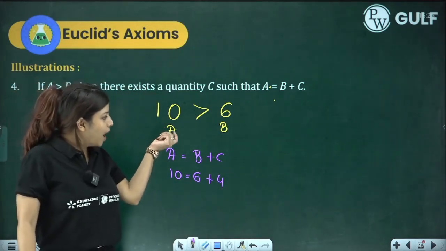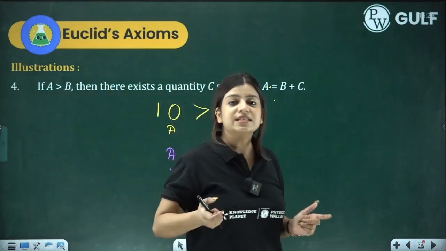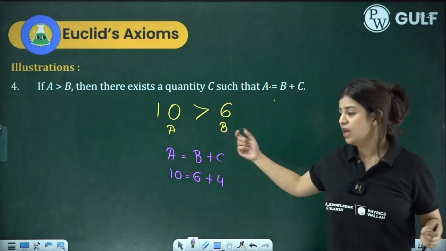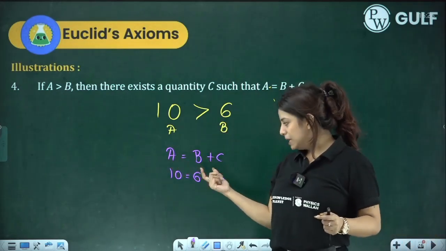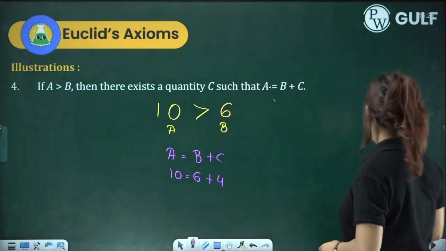So if one number is greater than the other number, there always exists another number which I can add to B so that A and B plus C will be equal to one another. I hope this is clear with everyone.